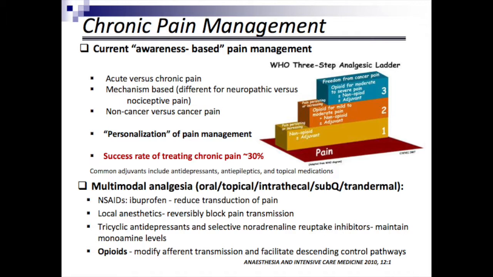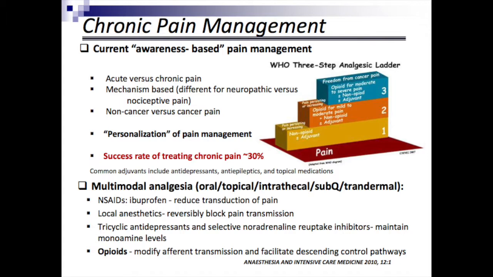This is the kind of pain that occurs in diabetic patients, where at some point the pain is so severe that even a small stimulus, such as a feather touching their finger, would exacerbate into a very harsh pain sensation. The current therapy for pain is based on the stepladder approach from the World Health Organization: pain is first identified, and then initially you start patients with non-opioid treatment, usually non-steroidal anti-inflammatory drugs or other analgesic products that are not opioids.